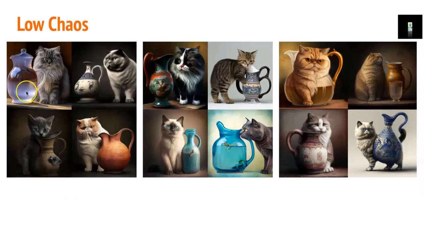In each one of them you see a cat and a jug, a different type of jug and a different type of cat, but mostly a cat and a jug. This is the only one where it slightly deviates and combines the two, but overall, the framework and the objects in the image remain the same.